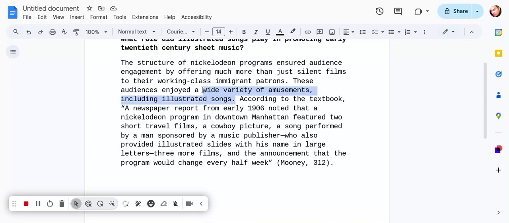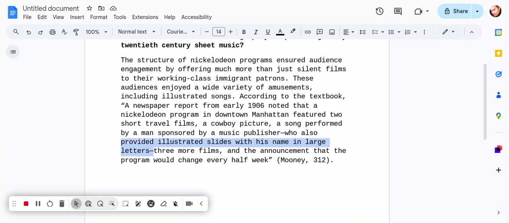You're making an argument about the attraction of Nickelodeon programs, a wide variety of amusements, including illustrated songs, and you go to the evidence, and here you have a description of an early Nickelodeon program with, what do you know, illustrated songs.